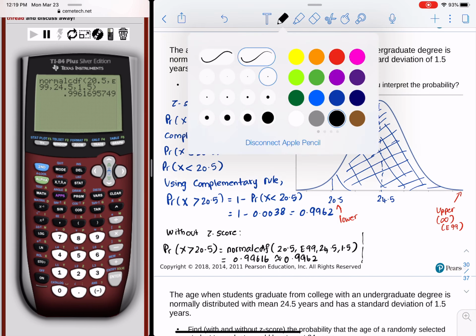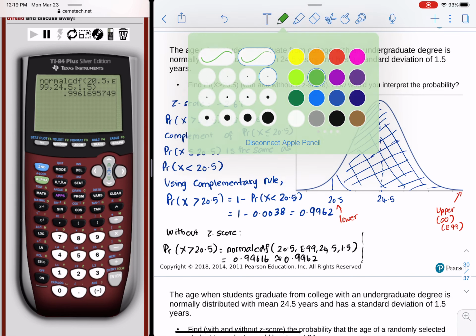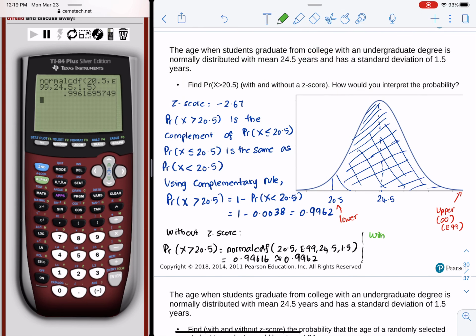If we do this with z-score, we know that probability x greater than 20.5 will get converted to z greater than negative 2.67, because negative 2.67 is the z-score corresponding to 20.5. So we do the same process, the mean would become 0 and the standard deviation would become 1.